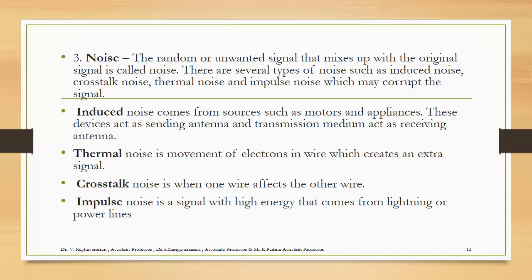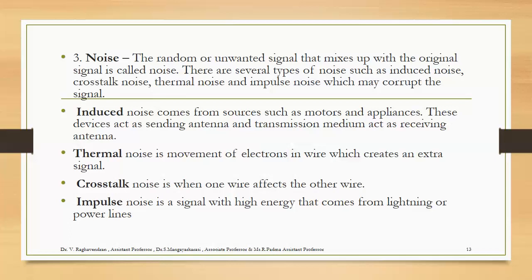The first one is induced noise. Induced noise comes from sources such as motors and appliances. These devices act as a sending antenna and the transmission medium acts as a receiving antenna. The second category is thermal noise. Thermal noise is the movement of electrons in a wire, which creates extra signals.